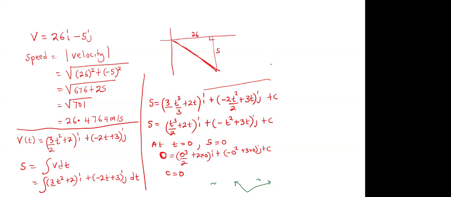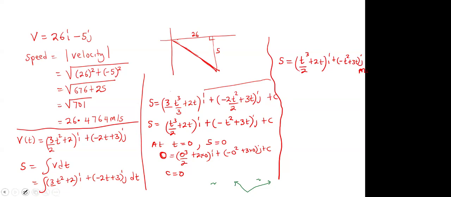Now from there, since c is equal to 0, it means that our S will equal t cubed out of 2 plus 2t, everything into i, plus negative t squared plus 3t j, and these are meters.